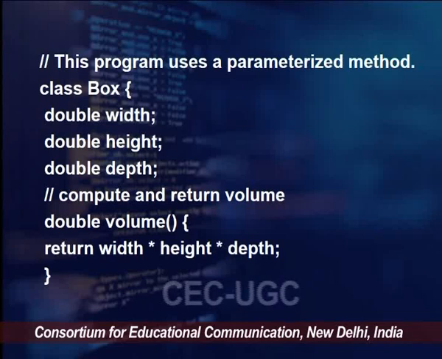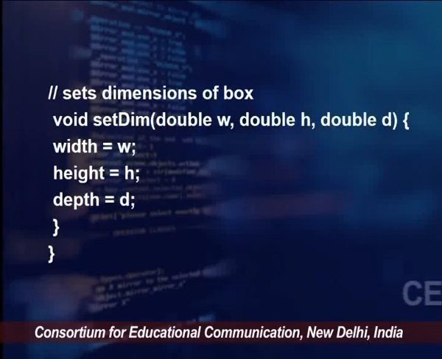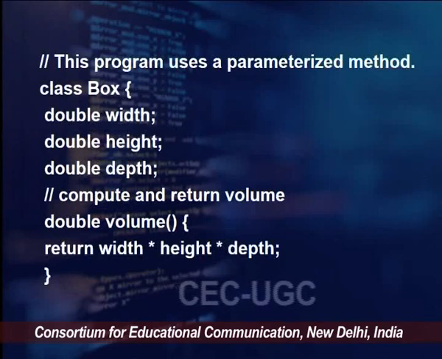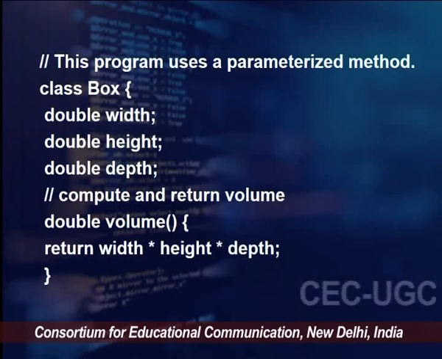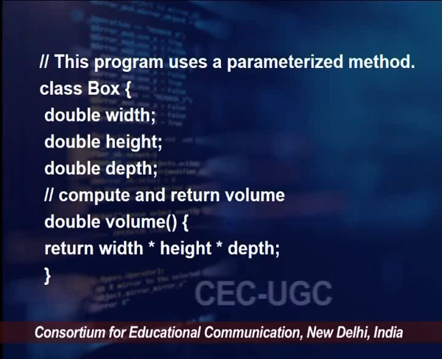Moving further, we have one more function, which is there to set the dimensions of the box. Please see that we have just declared the variables, we have not said double width is equal to 10 or something of that sort. In our main program also we are not going to do that.